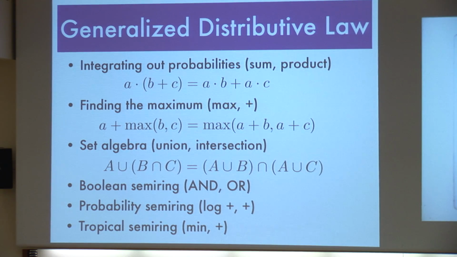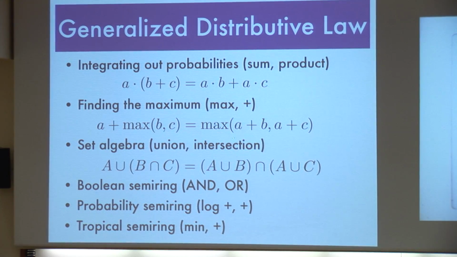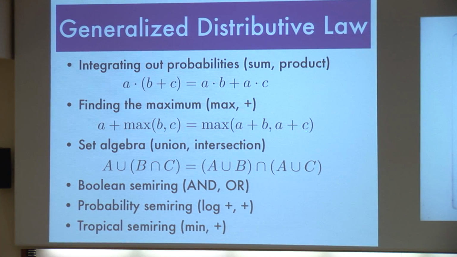So it sounds more exotic than it actually is, I would say. So max plus, let me show you. Max takes the role of sum, and plus takes the role of product. So now what I get is A plus, so that's times, max of B and C is max of A plus B and A plus C. Right? That's easy.